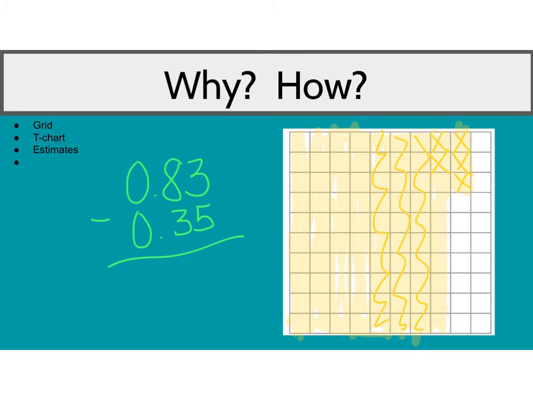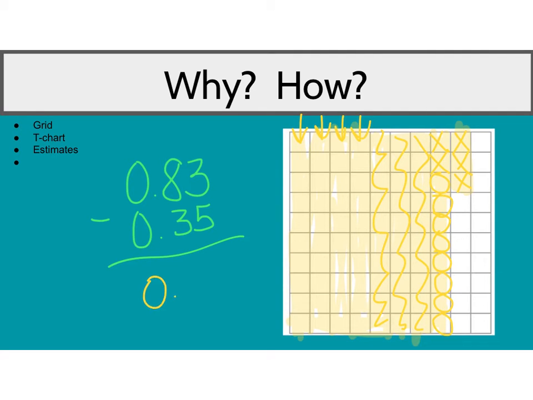Then we could go back and count. What do we have left? Well, I have 10, 20, 30, 40. I have 41, 42, 43, 44, 45, 46, 47, and 48.